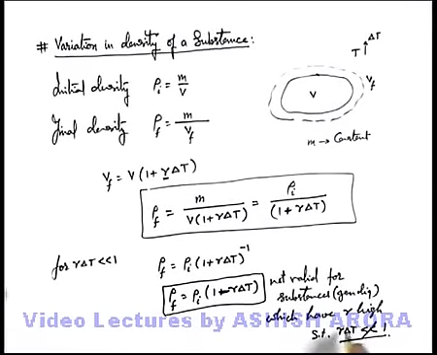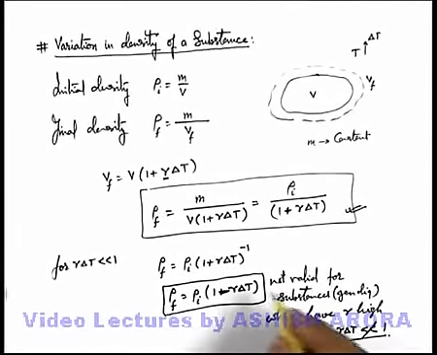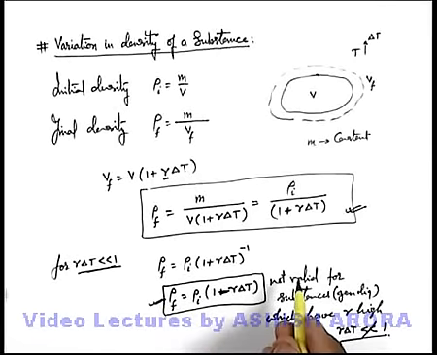So you have to be very careful for such cases. If gamma delta T is not very small, you cannot use this. In that case, you need to go for the earlier result, and if gamma delta T is very small, you can use this result. So be careful about these results and their application in different types of problems.